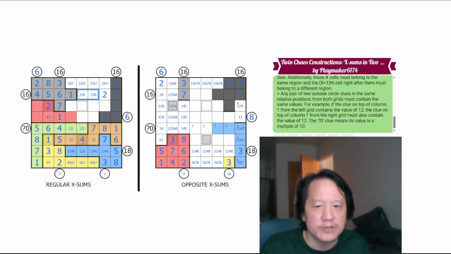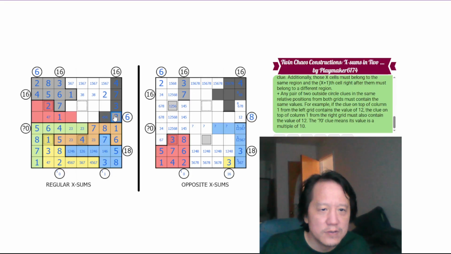That means this can't be 2 here. It's 3, 8 as a pair. 2 eliminates 2 here. 7 eliminates 7 there. Remaining digits in column 1, we have 3 and 6.